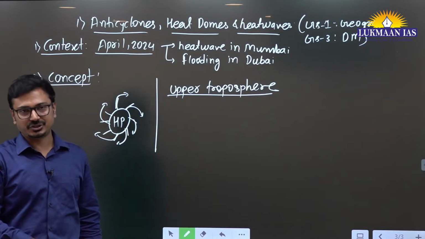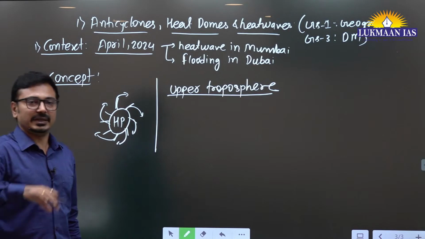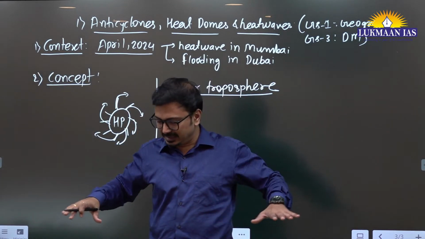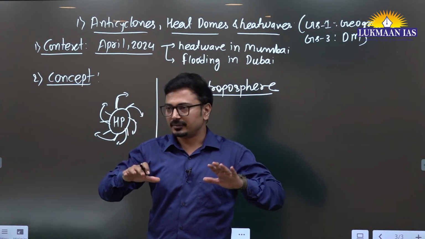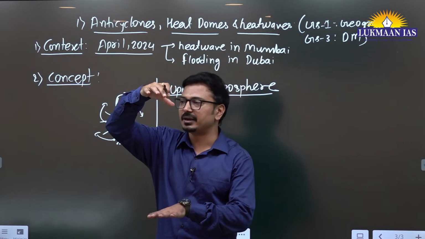A high pressure system formed in the upper troposphere. Let's take an example: this is a place in the northern hemisphere, this is the upper troposphere, and this is the lower part, near the ground.